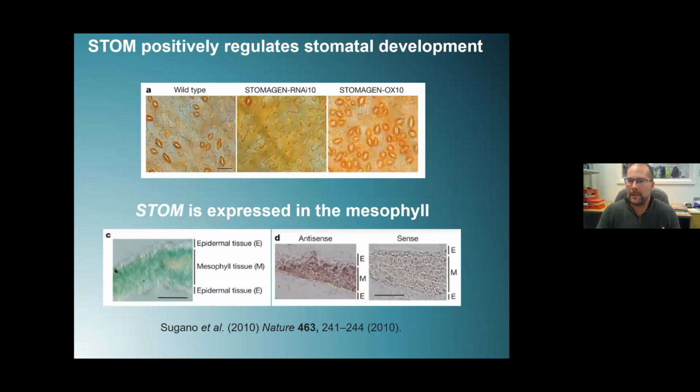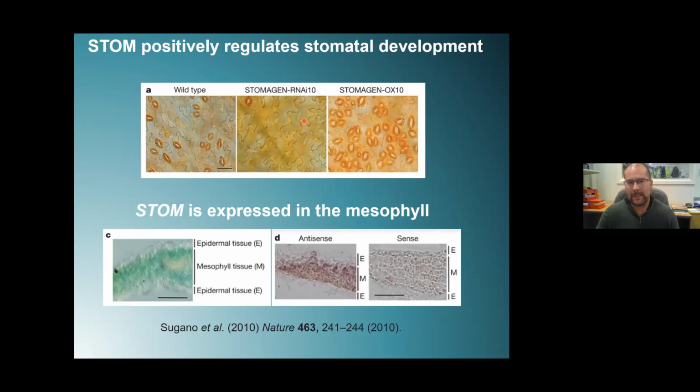These are cysteine-rich secreted peptides that are perceived by the receptor complex at the cell surface, which regulates the activity of the MAP kinase pathway that ultimately regulates transcription factor activity. Stomagen is unusual in this family because, unlike the other members that affect stomatal development, EPF1 and EPF2, stomagen is a positive regulator of stomatal development.